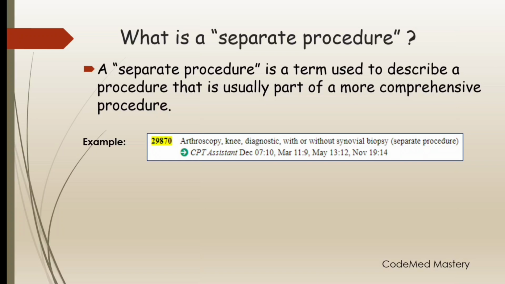So whenever they have mentioned separate procedure in front of a code, it means that this particular procedure is usually part of a more comprehensive procedure. The meaning of the word comprehensive here is full or complete. So this procedure will usually be part of a full or complete procedure.